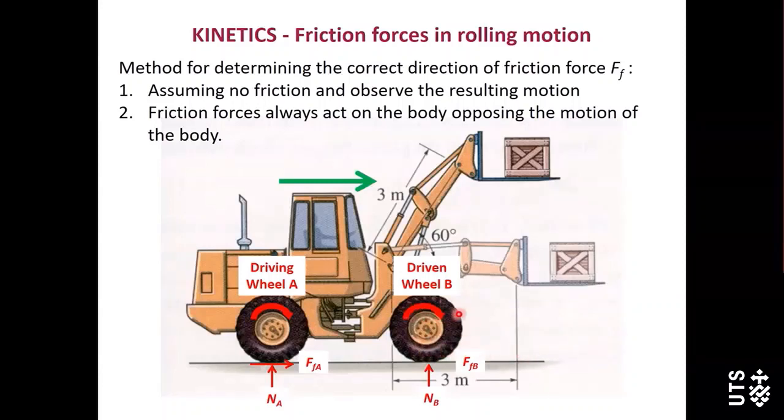So this means it will be a translation, with no rotation if no friction between this wheel and the ground. Now the direction of the motion of the contact point on wheel B will be to the right side. Then the direction of the friction force at this contact point must be opposite, so it should be to the left side.